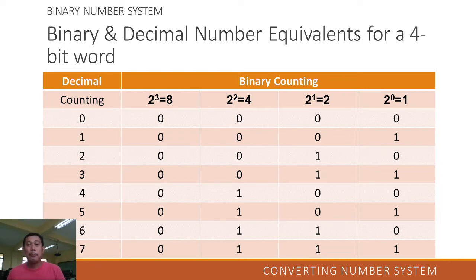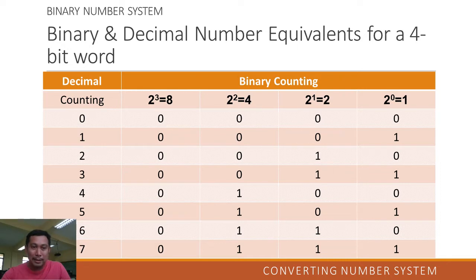How do we count binary? Okay? So in a 4-bit word, we have first, second, third, fourth. The equivalent of 0 in decimal is 0, 0, 0, 0 in binary.